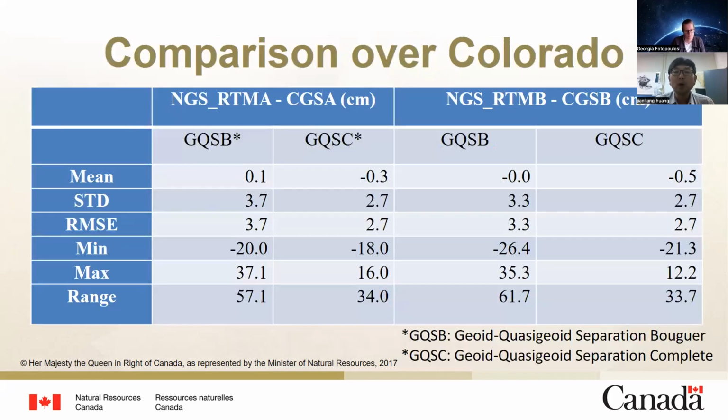And we zoom in on the Colorado region for the worst-case scenario. As we can see, the RMS difference between the NGS and the CGS model is about 3 centimeters, but the range of difference can still reach a few decimeters.